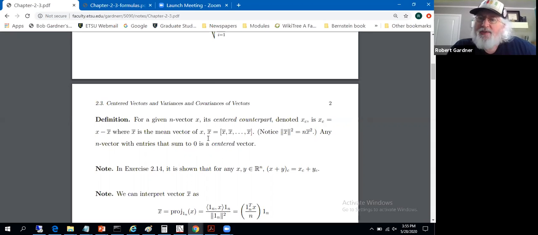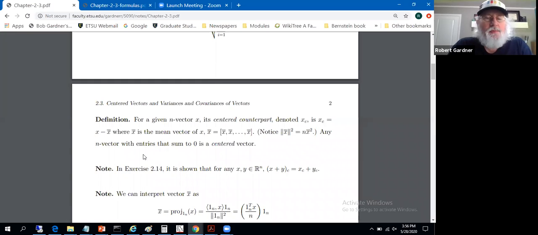Clear from the context, as they say. I wish they'd use different symbols for vectors and scalars in general, but in particular for x bar and x bar. Remember, we're using x bar to represent this vector, and we're using x bar to represent that sample mean, which is a scalar.